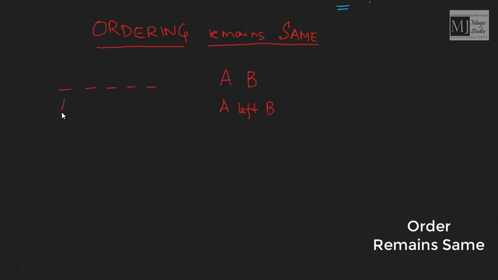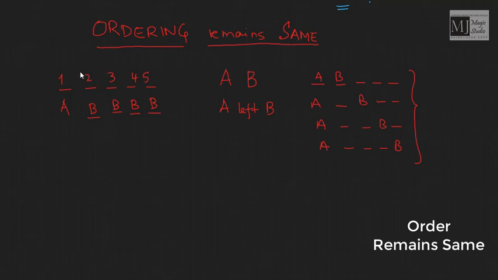If A is sitting on chair number 1, then B can sit at number 2, 3, 4 or 5, and in any of these cases, A is sitting to the left of B.